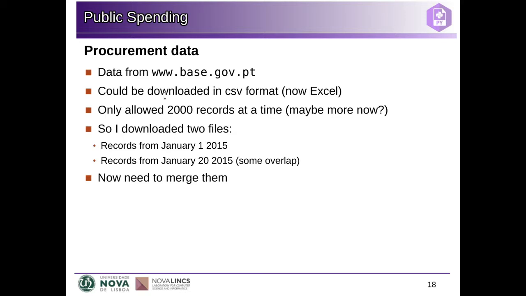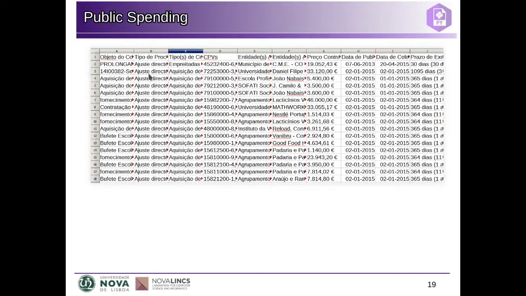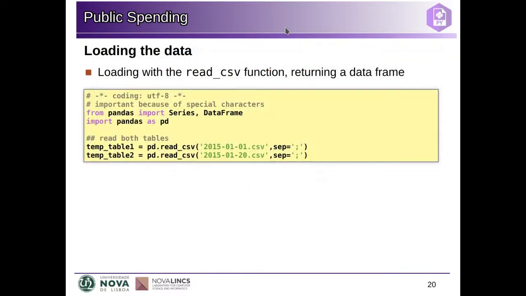Now, these records have data on government spending, so things like the type of contract, how much it was worth, the date, the person who was paid, or the company, this kind of data. So this is the way the table looks, and this is how we can read the two files into DataFrames.